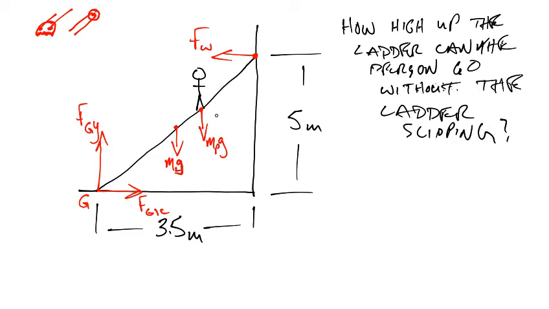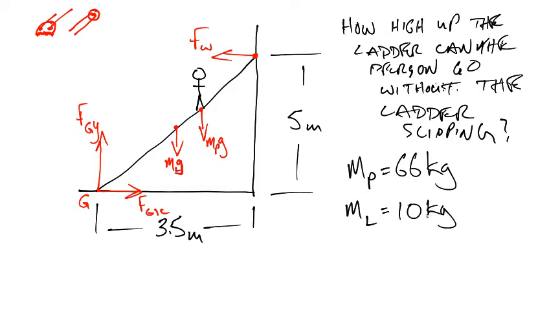Now we still need some information we don't have. Number one, what is the mass of the person? And we'll say that the mass of the person is equal to 66 kilos. And also we need the mass of the ladder, and we'll say that's 10 kilos. Okay?